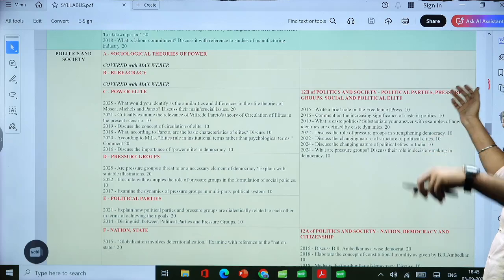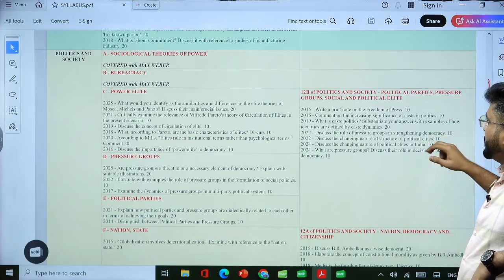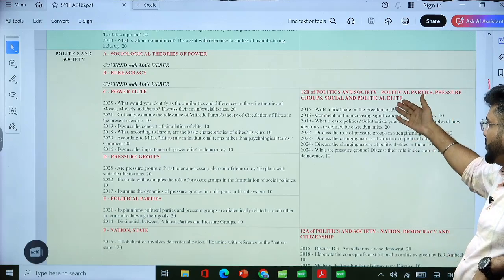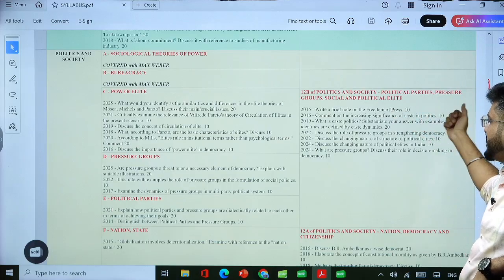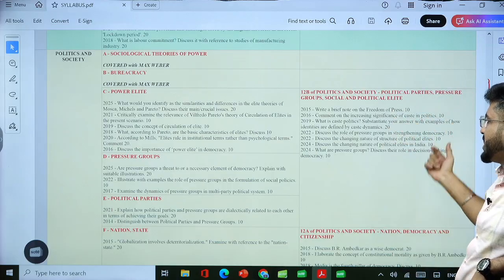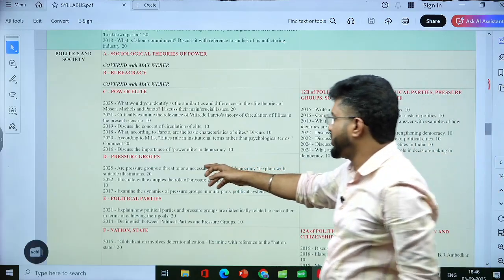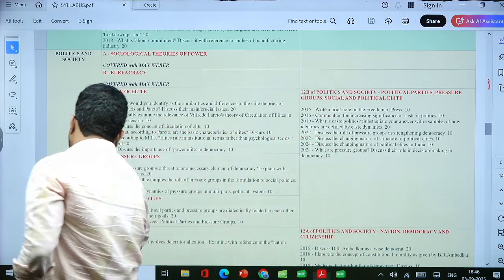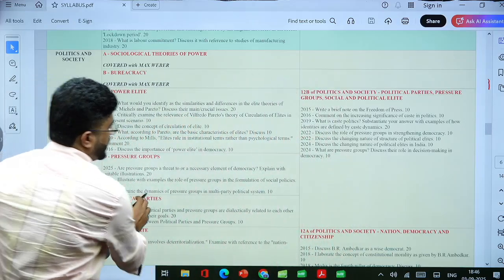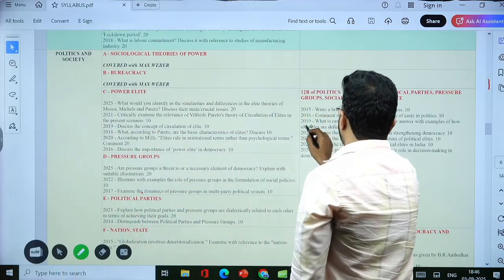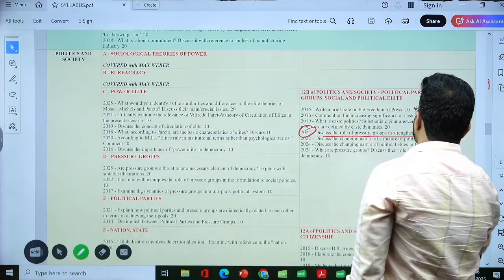Then political parties, pressure groups, and social and political elite, note on freedom of press, comment on the increasing significance of caste in politics. What is caste politics, role of pressure group in strengthening democracy? Now look at this 2025 question. 2022: discuss the role of pressure groups in strengthening democracy.